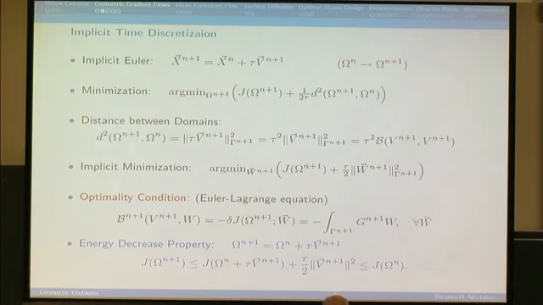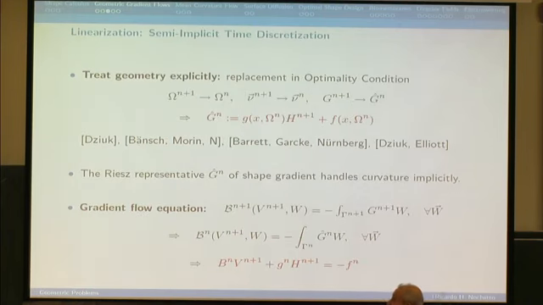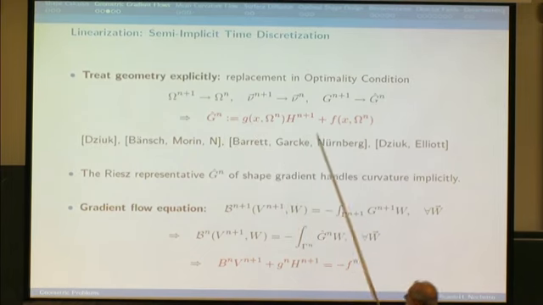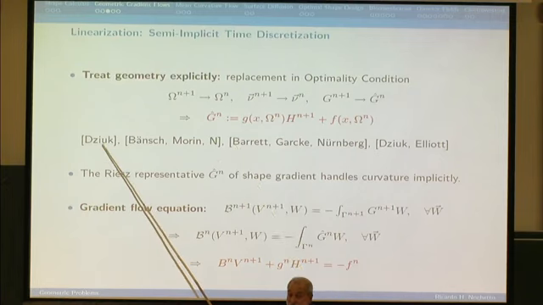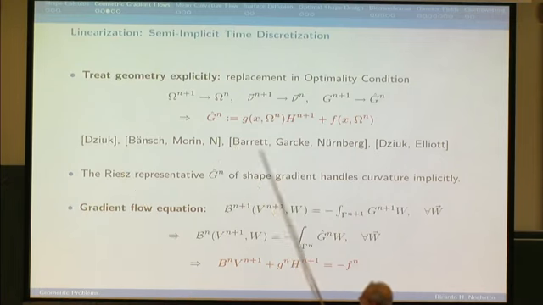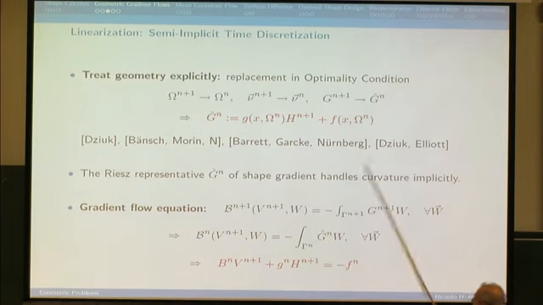So it's very reasonable to do a compromise and treat the geometry explicitly, an idea that has been very influential in this field and goes back to Zuk, as far as I know. It has been used in several other papers following the original paper by Gerd Zuk.